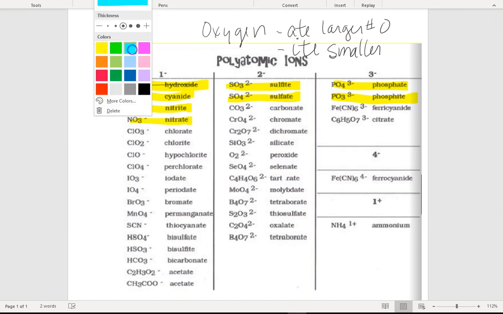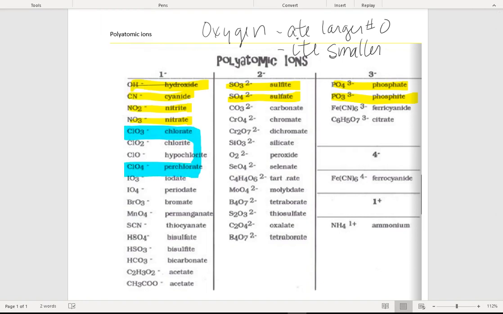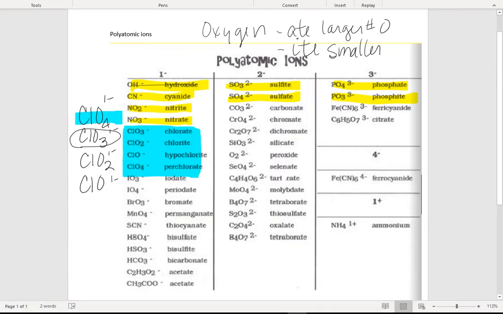Let's see if I can change color here. Our halogens, we have chlorate, which is ClO3. We have chlorite, which is ClO2. We have ClO and ClO4. They all are a -1 charge. Chlorate is ClO3. When we add an additional oxygen, we get ClO4, and that name is perchlorate.